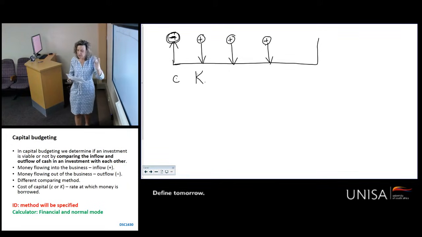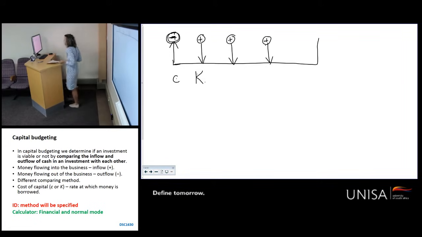So you will be busy with capital budgeting, and it will tell you you've got an investment and you want to know, is it a good investment, yes or no? So the method that we will look at as we go along will be given. For the calculator, some of them you will use your financial mode, and some of them you will be using the normal mode.